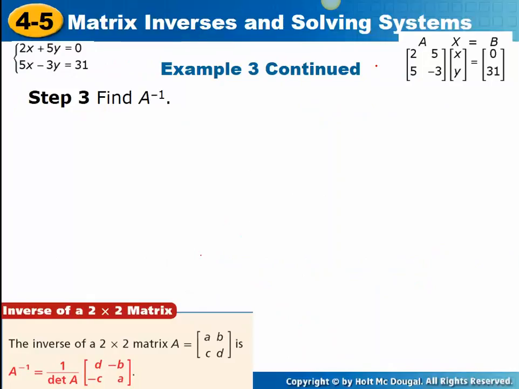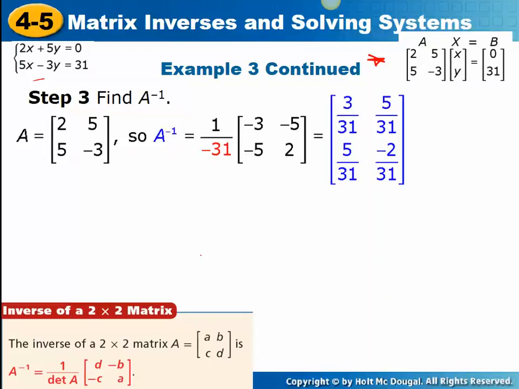All right, so our determinant was -31. Here was our matrix equation set up right here. Here's our original problem over here. So we need to find the inverse. The inverse, it reminds us down here, is equal to 1 over the determinant, and then you switch the placement of the A and D entry, and you take the opposite sign of the other two.